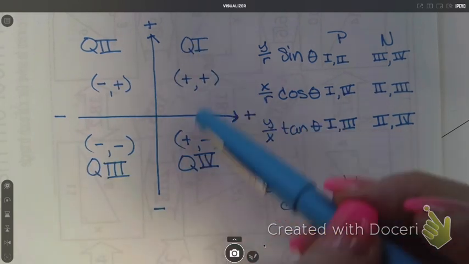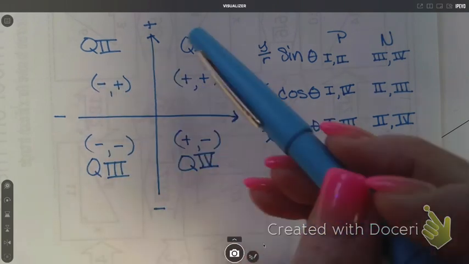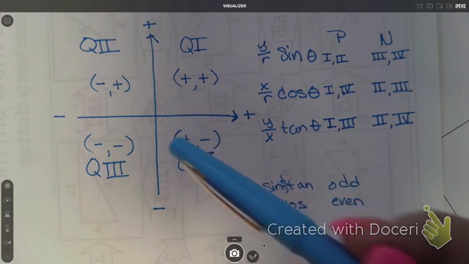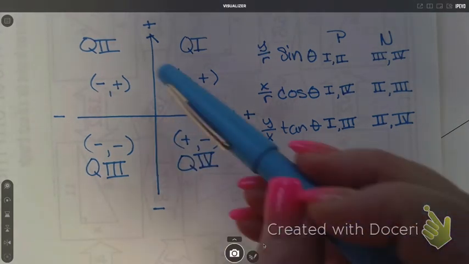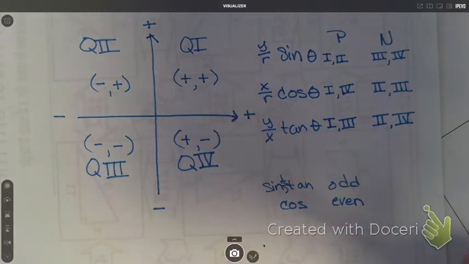If I go the other way, what am I going to get? Positive, negative, negative, positive. So is it going to have the same sign, positive or negative, if I go counterclockwise or clockwise? Yes. That's why cosine is considered an even function and tangent and sine are considered odd functions. Just so you know.